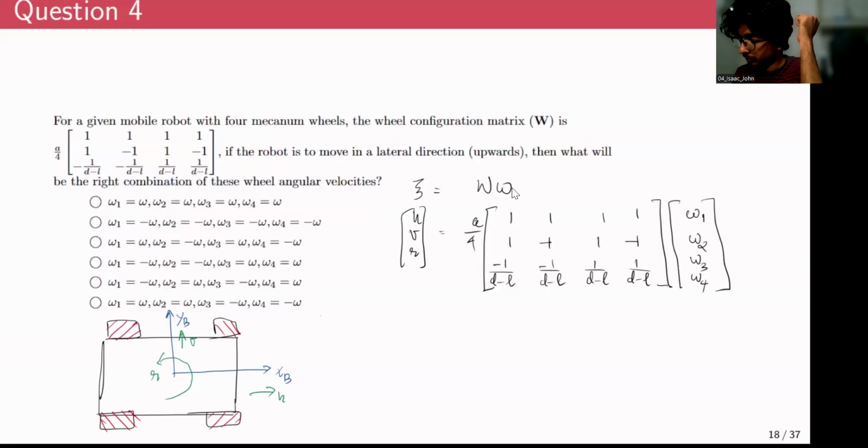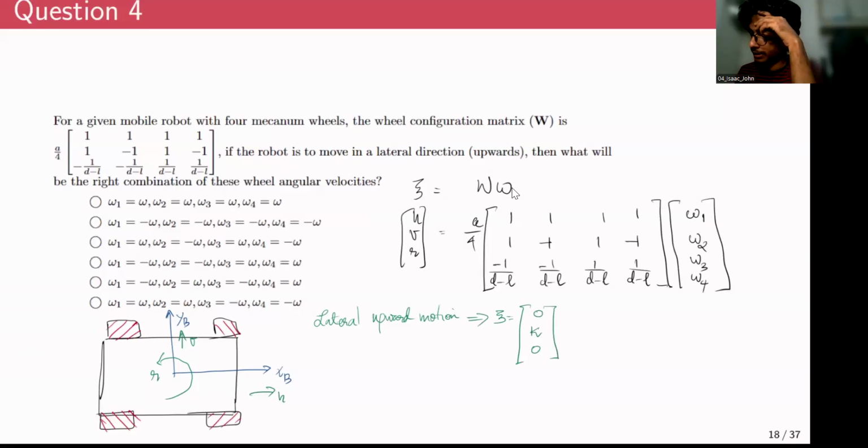Lateral upward motion would imply that your zeta vector looks something like this: 0, k, 0, where k is any arbitrary constant. Because it won't have any component along the longitudinal direction, and it won't have any angular component. It strictly moves laterally, a pure lateral motion. So the zeta vector would look like 0, k, 0.